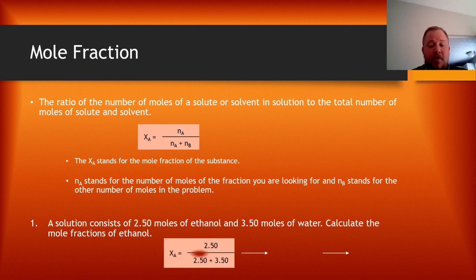So we have 2.5 moles of ethanol divided by 2.5 moles of ethanol plus the 3.5 moles of water. Solve that out in your calculator, and you should have gotten roughly 0.41667, or 0.416 repeating. We need to have significant figures, which we see we have 3 here, so we're going to round that to 0.417. There's no unit for this, so you can just give me the fraction that you get.